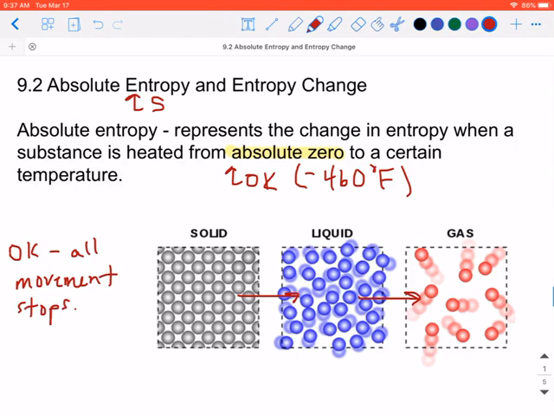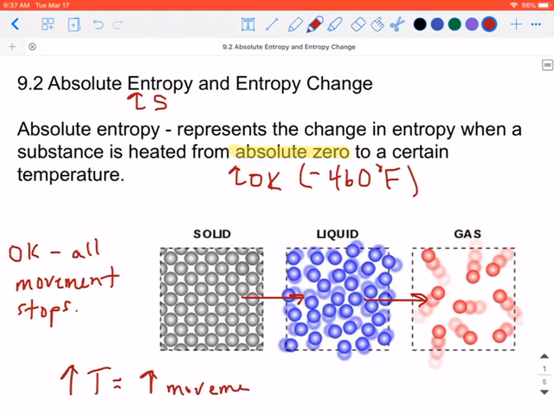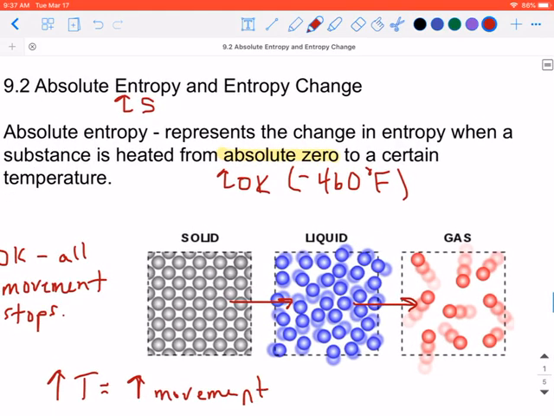So if scientists want to find the entropy of a substance, they will cool it down all the way to 0 Kelvin, and then slowly start increasing the temperature. As the temperature increases, the movement is increasing. But remember, the faster something is moving, the more disorder it's going to have, which means that you're also increasing the entropy.